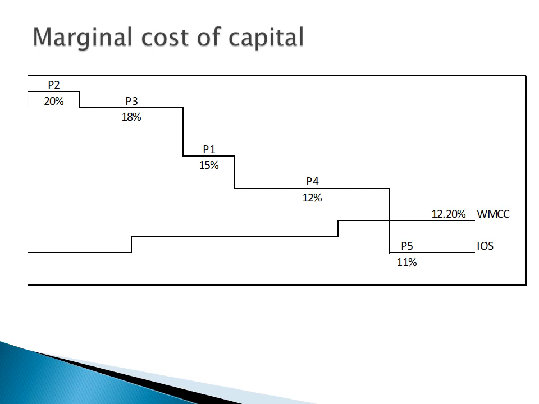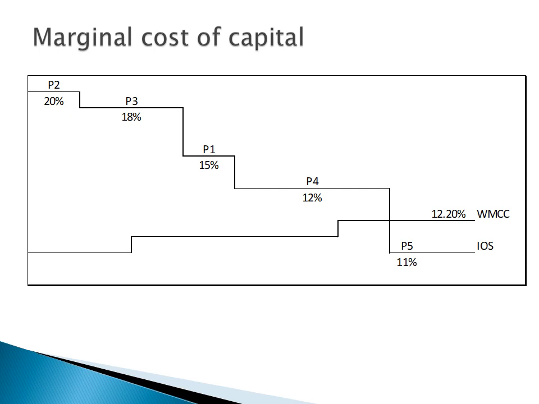If we then put these two on the same graph, then we see that projects 2, 3, 1 and 4 exceed the weighted average cost of capital, or the weighted marginal cost of capital in this example.